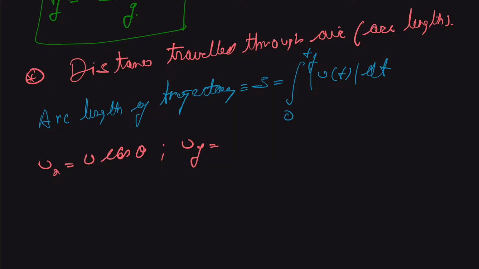We know that the velocity in the x direction is always constant throughout the arc length. Only the velocity in the y direction is going to change, so v of y will be equal to v sine theta minus gt.